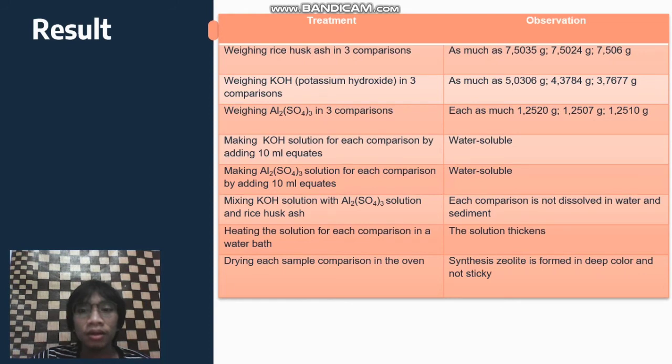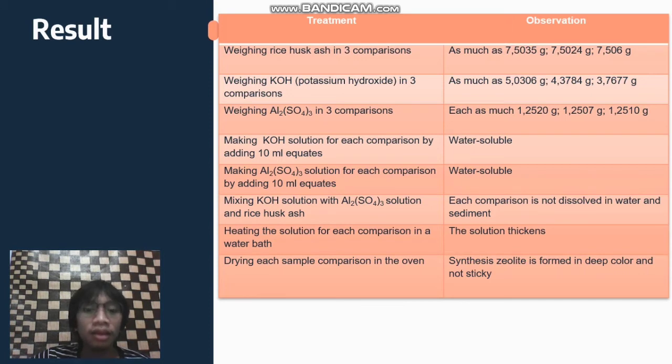Observation: water soluble. Next, making aluminum sulfate solution for each comparison by adding 10 ml aquadest. Observation: water soluble. Next, mixing KOH solution with aluminum sulfate solution and rice husk ash. Observation: each comparison is not dissolved in water and sediment forms.